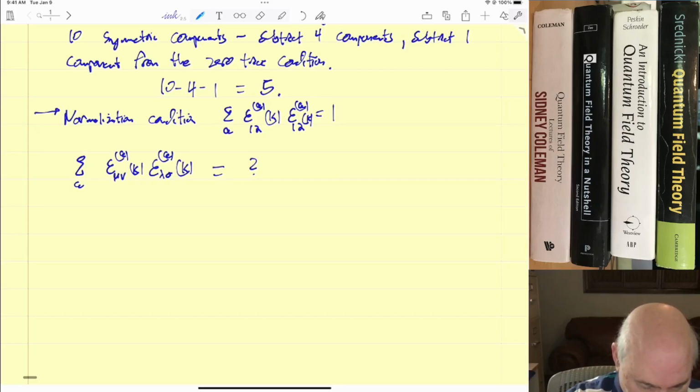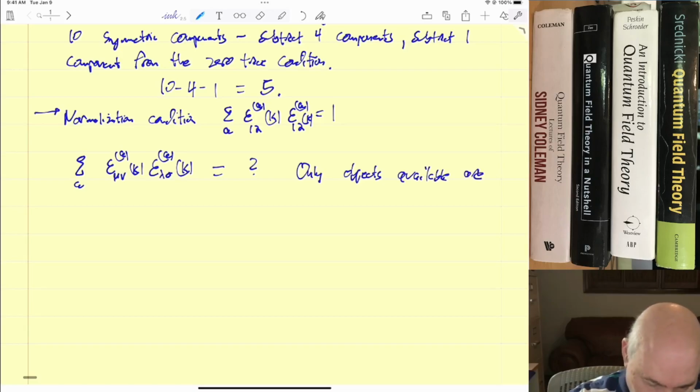And so the only objects at our disposal, the only objects available, are the metric and the propagation vector, the wave vector.